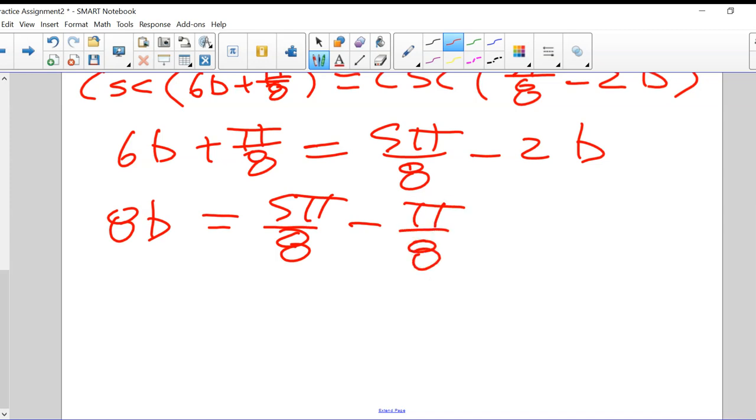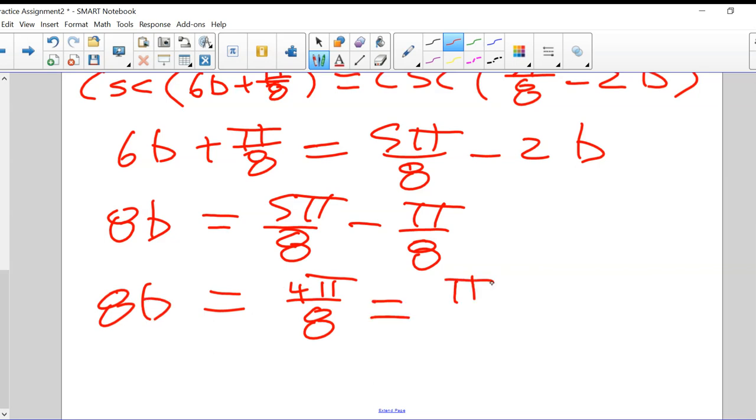So that's equal to 5 minus 1, which is 4. So 4 pi over 8, in other words. So 8b is equal to that, which of course is equal to pi over 2.